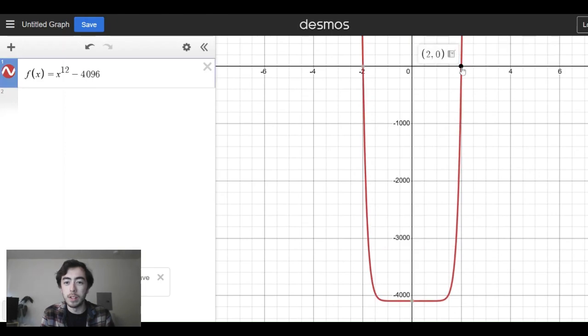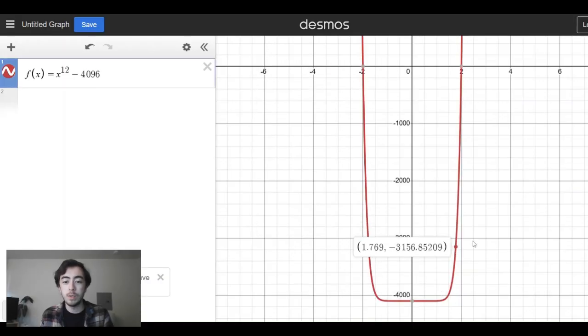If I plug in a 2, I'm going to get a 0, and if I plug in a -2, I'll also get a 0. The problem today suggests that there are 10 complex roots to this polynomial.